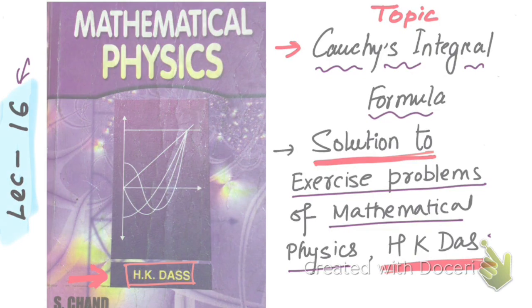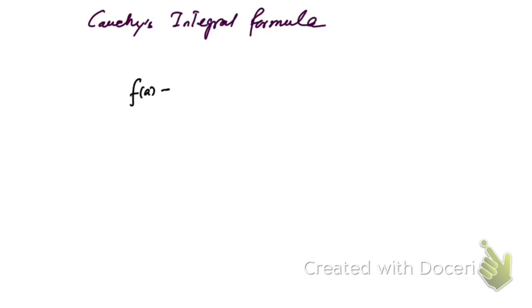So now let's start. Before we solve problems, first let me remind you of Cauchy's integral formula. That was f of a equals 1 by 2 pi i times the integration along C of f of z, which is a function of complex variable z, over z minus a dz.